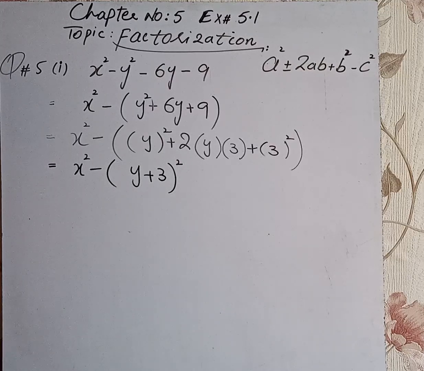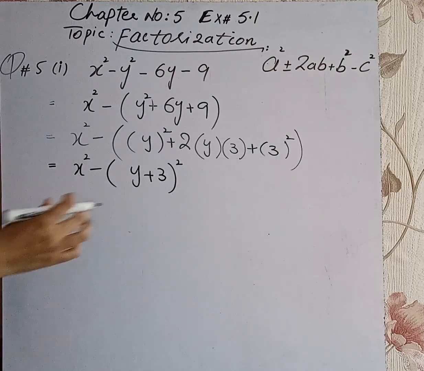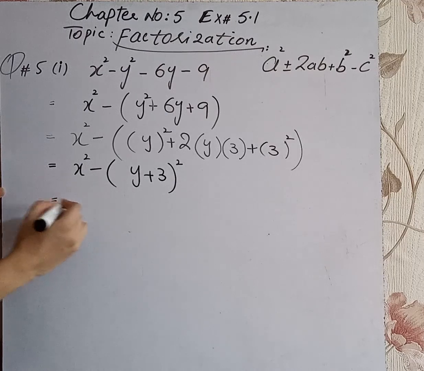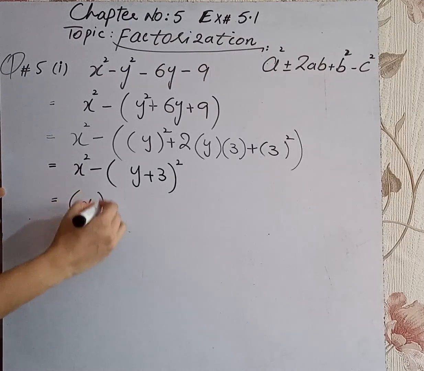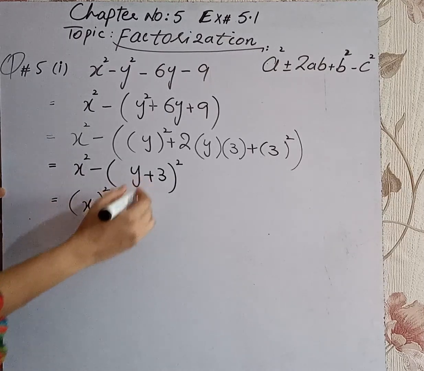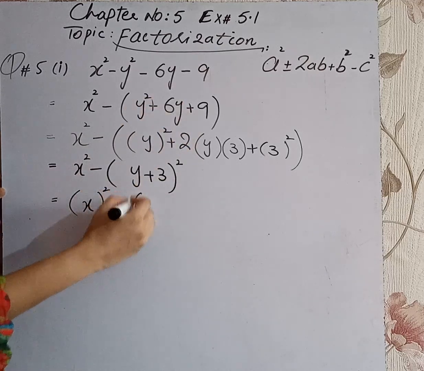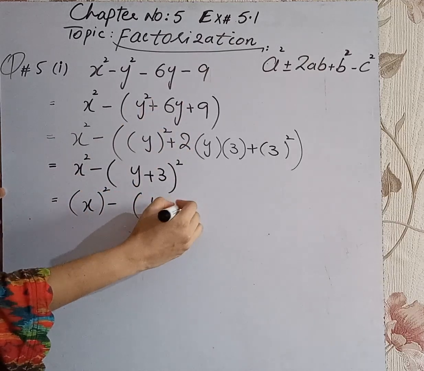Which factorization have we done that is related to two terms? That was the fourth type of factorization, in which they were two perfect squares, because x squared is the square of x and y plus 3 squared is the square of y plus 3.